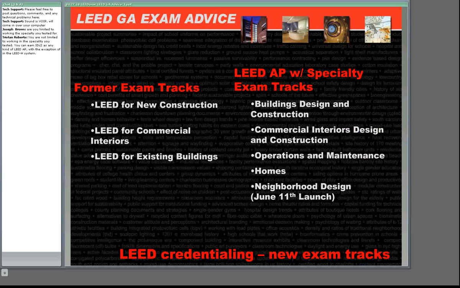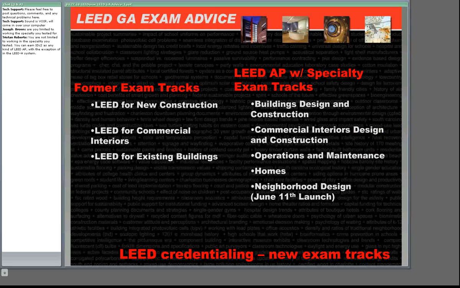Since LEED NC, LEED CS, and LEED for schools are so similar, they group those together. So you now have one track that covers all 3 of those systems, and even the reference guides now are combined. So if you buy the BD+C reference guide, you're getting a reference guide that contains LEED NC, LEED CS, and LEED schools instead of having to buy 3 separate guides.